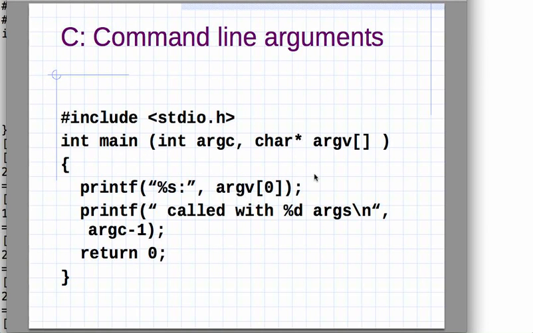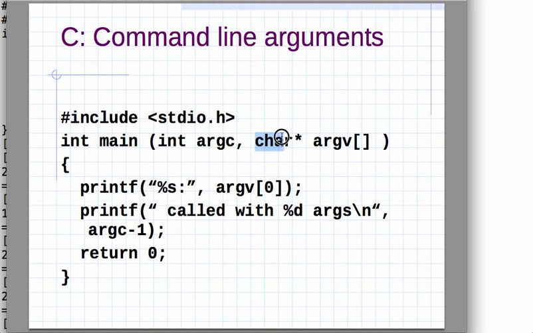Okay, so the main part of this video will be about command line arguments. We talked about how to use command line arguments, and we talked briefly about how in Java we have a public static void main in which we have a single argument which is an array of strings. And remember, C does not have strings. What it has is arrays of characters.